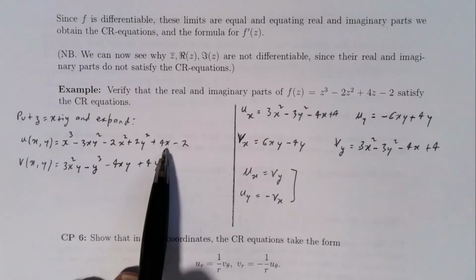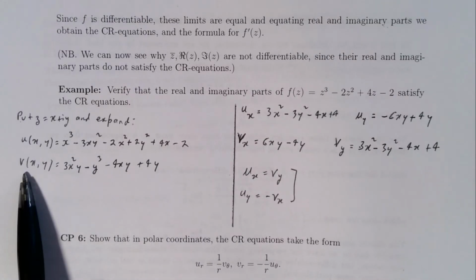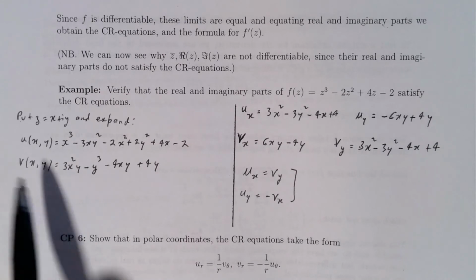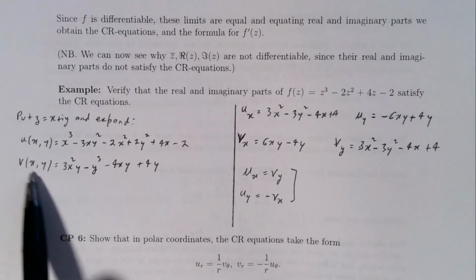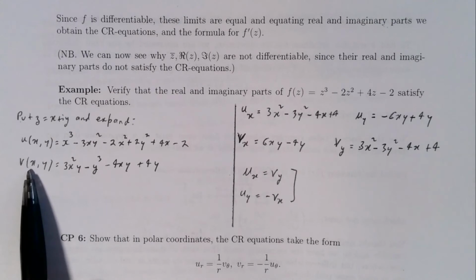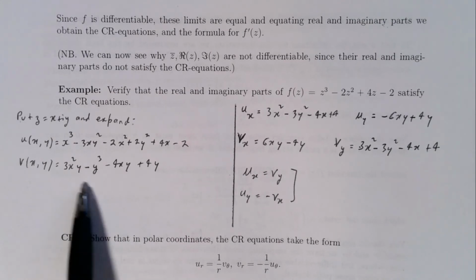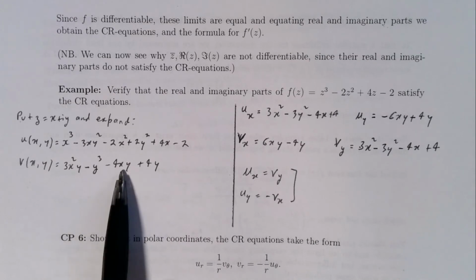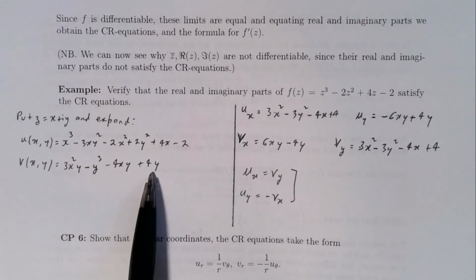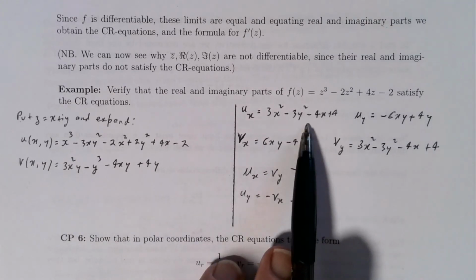And if I do this one with respect to y, I'm going to get 3x squared minus 3y squared minus 4x plus 4. And notice that these two are the same.